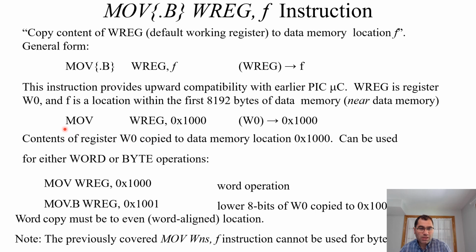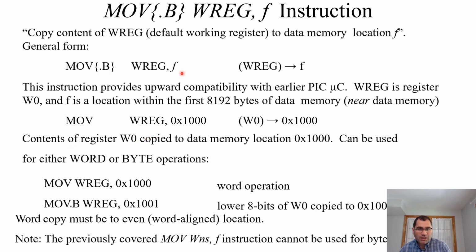Let's say we want to execute this instruction. What does that mean? Copy the content of W0 into this f register, a file register.